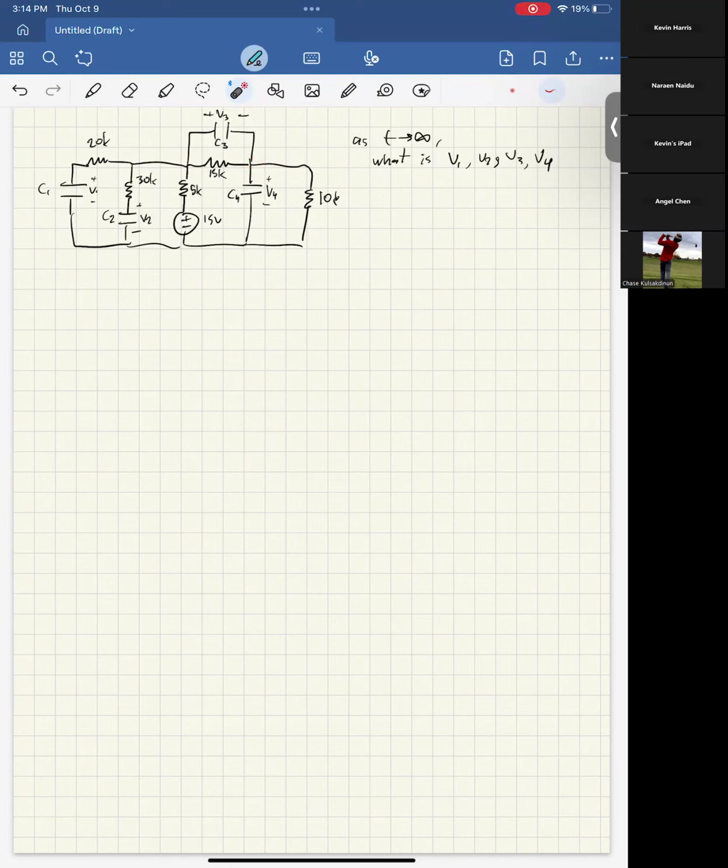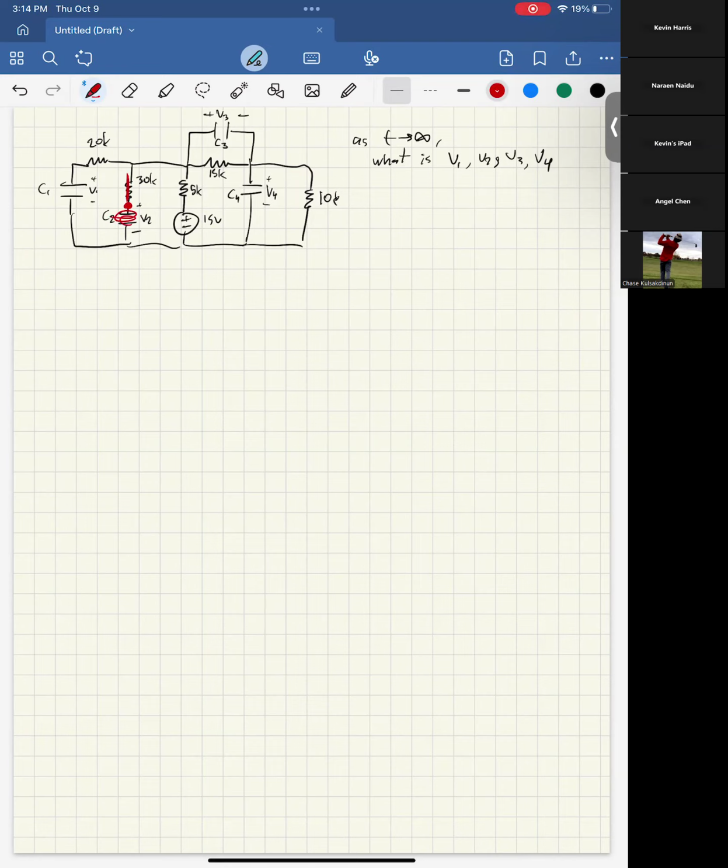You can think of it as, if we're looking at this capacitor, what's the voltage difference between here and here? Since these are open circuits, there's no current flowing through here.